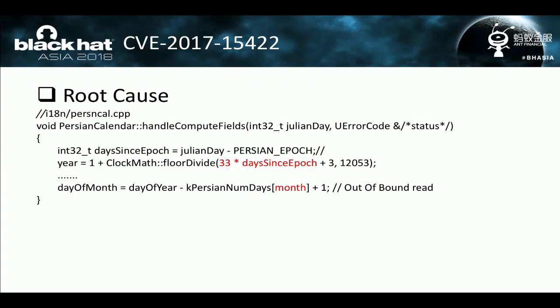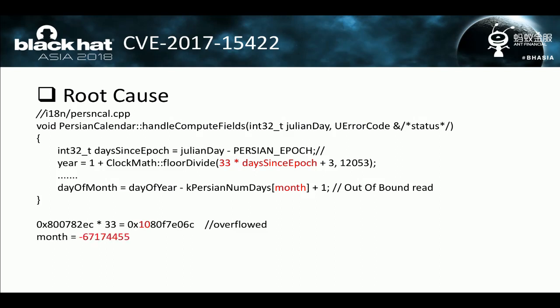33 multiplied by daysSinceEpoch. The daysSinceEpoch is an int32. So after they multiply, the result can overflow to 40 bits. So the multiplied result is overflowed, and the high bits will be discarded.